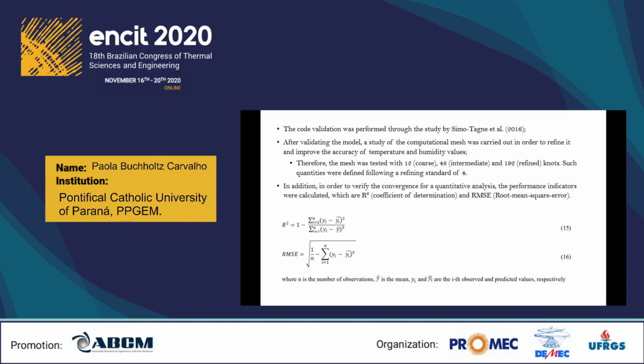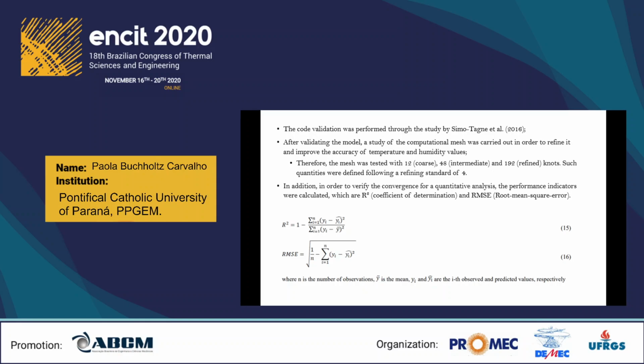The code validation was performed through the study by Simon Tegnin in the year 2016. After validation, a study of the computational mesh was carried out in order to refine it and improve the accuracy of temperature and humidity values.